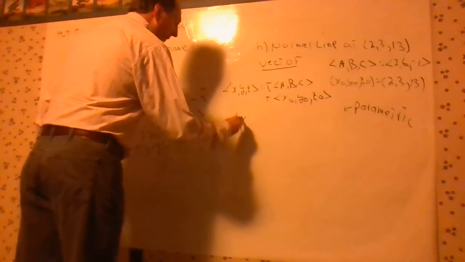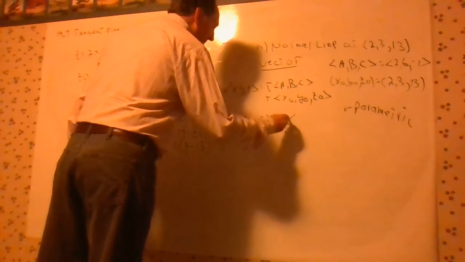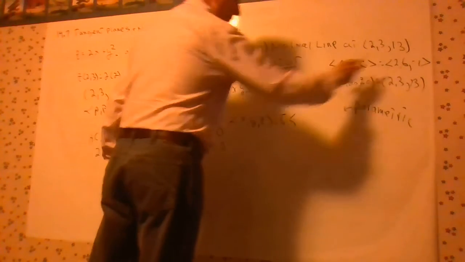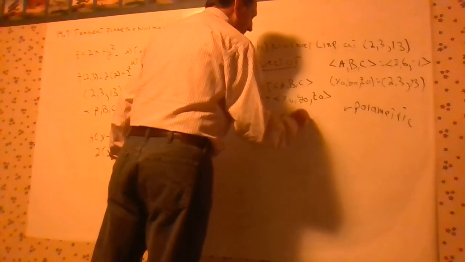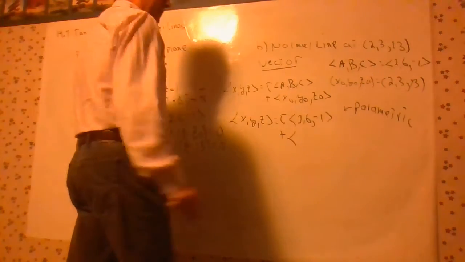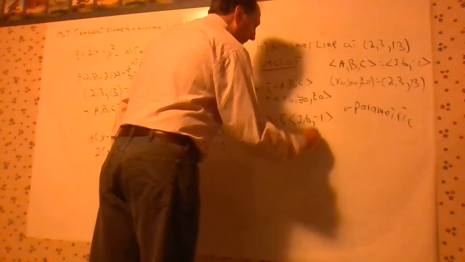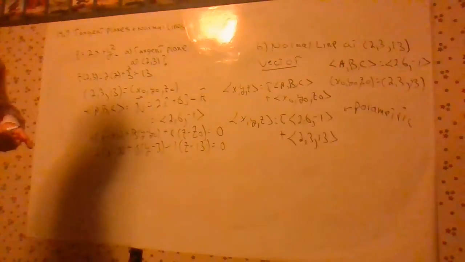And so we can say x, y, z equals t times our ABC, or our parallel vector, 2, 6, negative 1, plus we have to vectorize this point, 2, 3, 13. And there's the vector form.